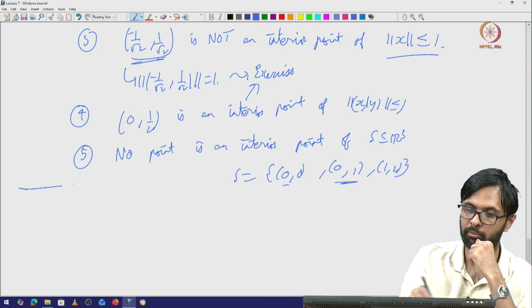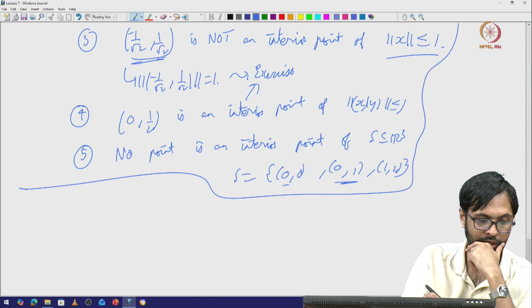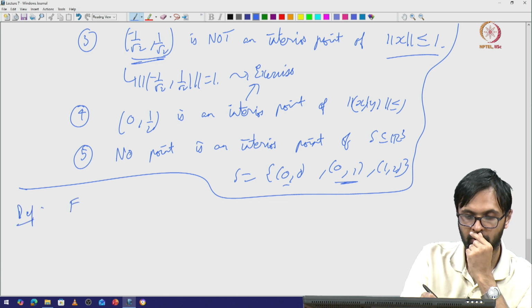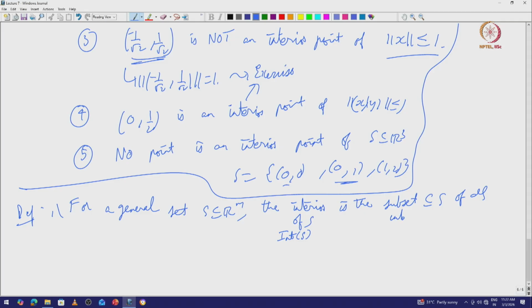Okay, some more terminology. Again, recall some more terminology here. Maybe I'll call this a definition. For a general set S in Rm, the interior of S, sometimes written as int S, is the subset of all interior points.